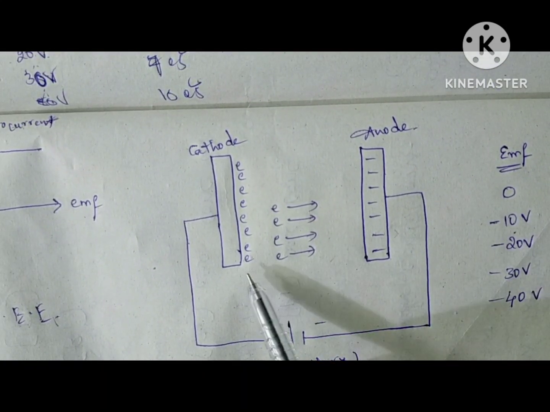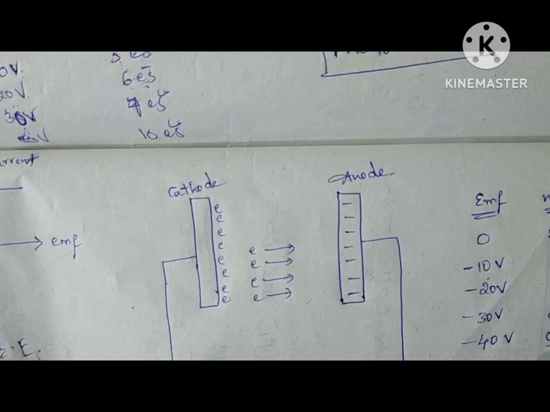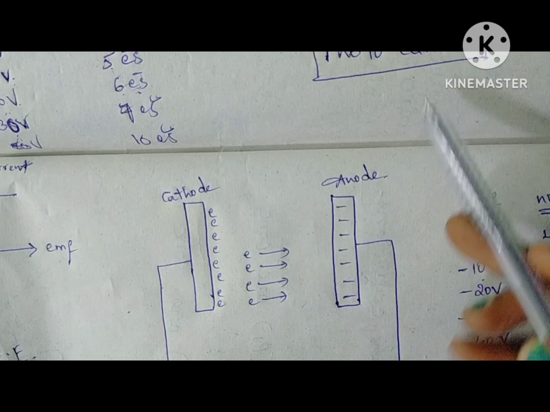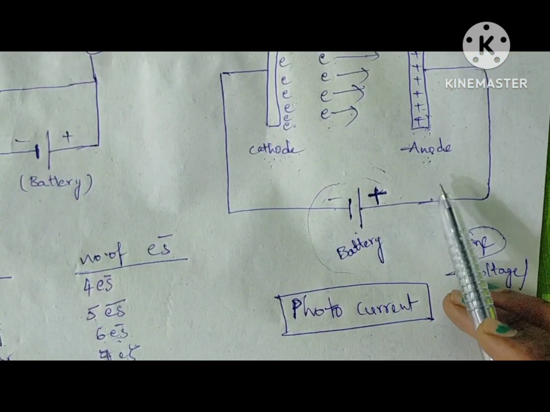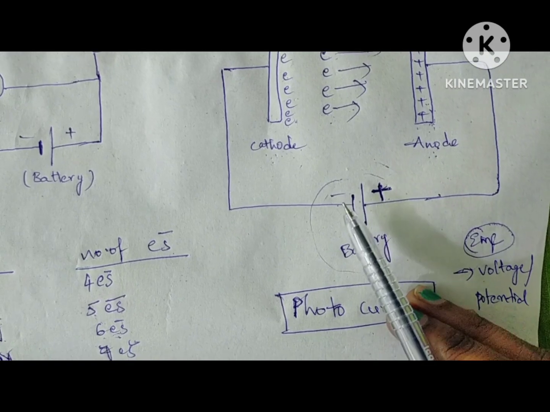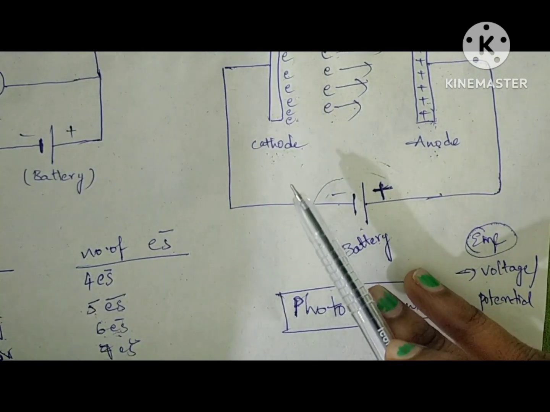So photocurrent becomes 0. What is the photocurrent? I already told you that photocurrent is nothing but when we connect a battery from cathode to anode, a power is developed between the cathode and anode.